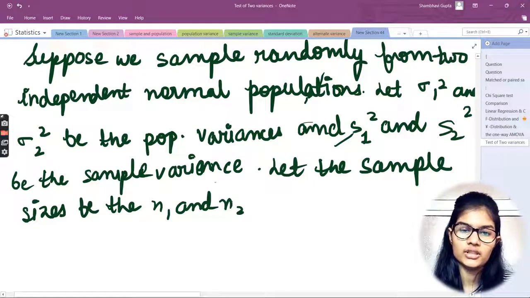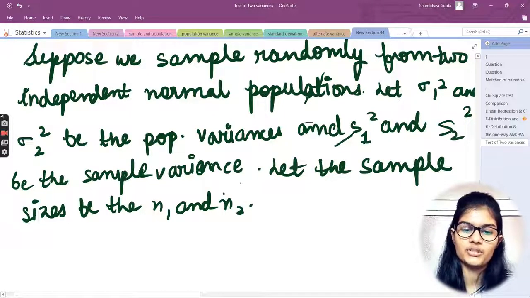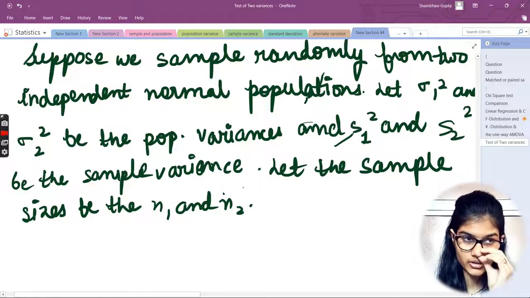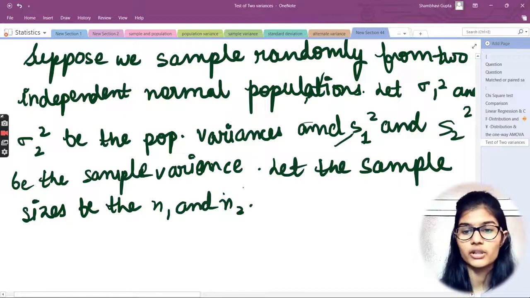Next, let's say we are interested in comparing the two sample variances, so we use the F ratio.